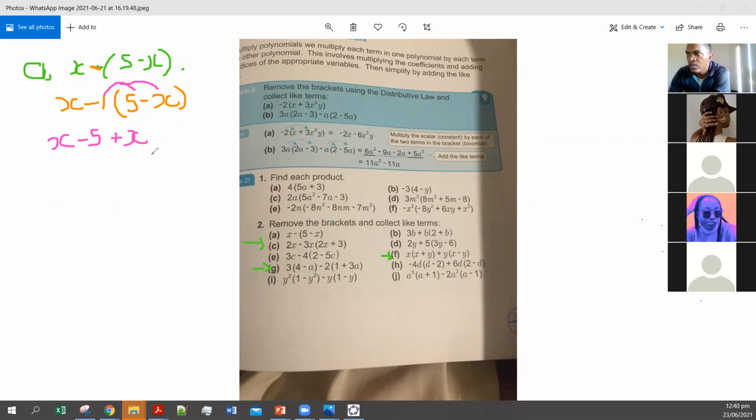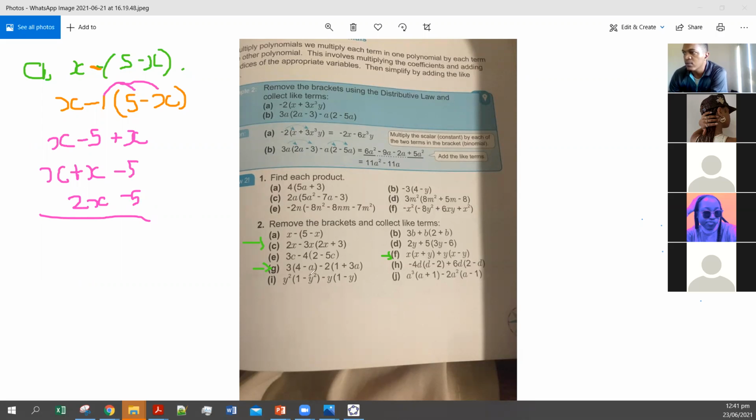Okay, and now we just group the like terms together and simplify. So I have x plus x minus 5. x plus x is 2x minus 5. And you will see in your textbook, that is how they got 2x minus 5.